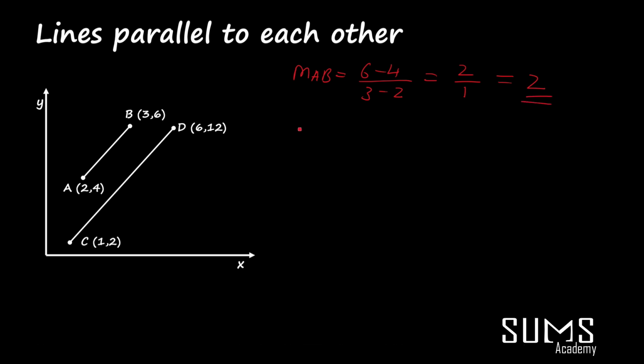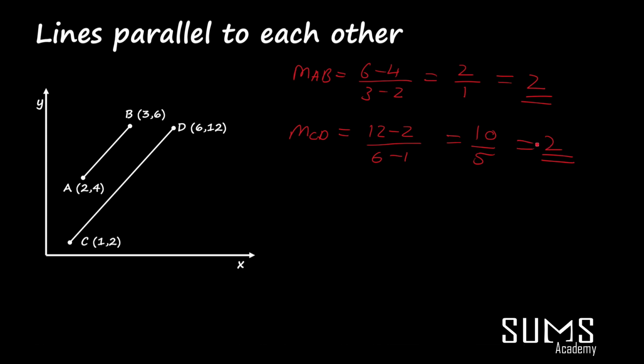And what about CD? m of CD equals 12 minus 2 all over 6 minus 1, equals 10 over 5, which equals 2 as well.